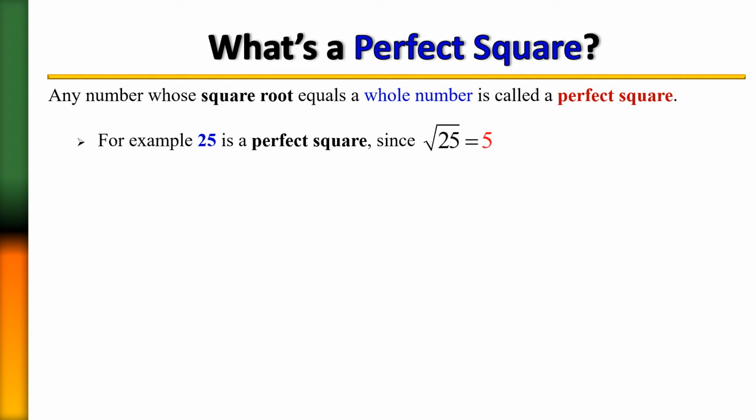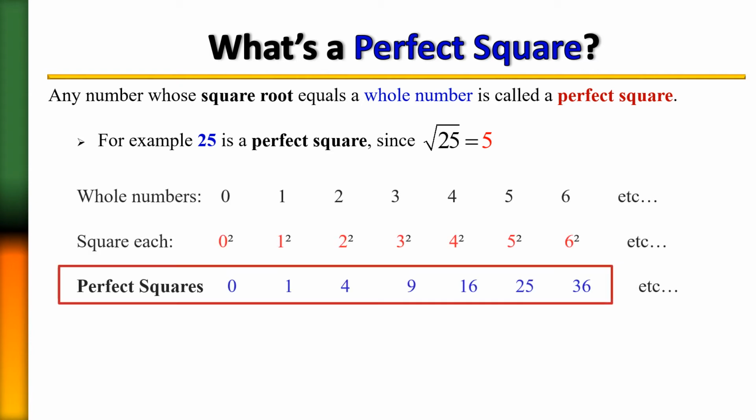So anytime it equals a whole number, then it is called a perfect square. Here are some examples of some perfect squares: 0, 1, 4, 9, 16, and so forth. These are numbers that if we take the square root of them, they will equal a whole number.